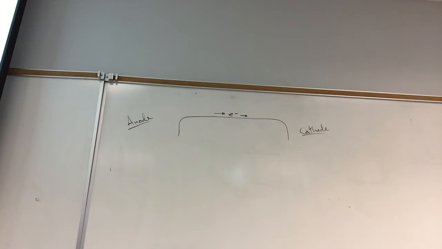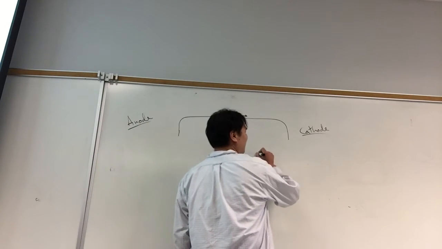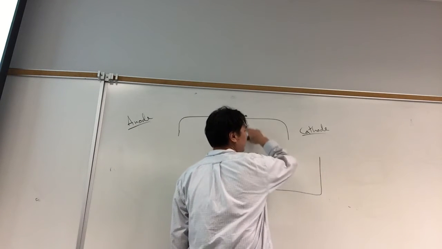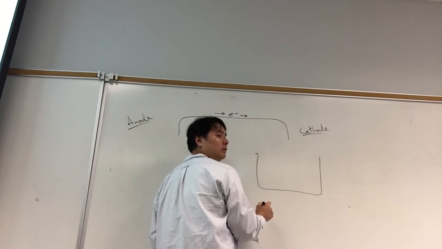That means what generates the electrons? The anode or the cathode is where we generate the electrons? The anode. And we're going to consume the electrons at the cathode. Now, how are the electrons generated? Well, the electrons are generated by having something pull the electrons through the wire. What's pulling the electrons through the wire?